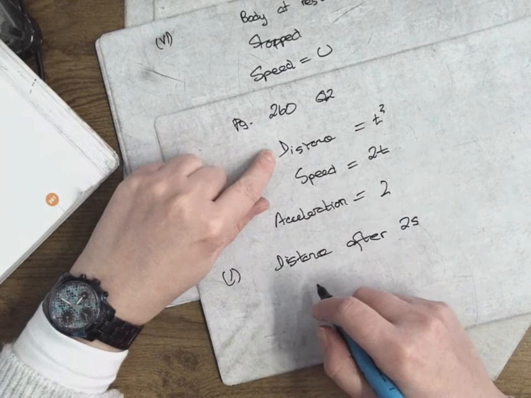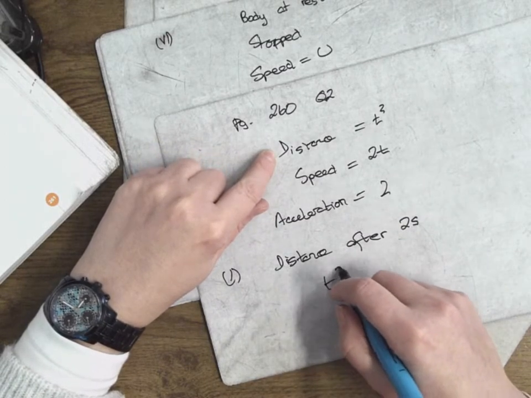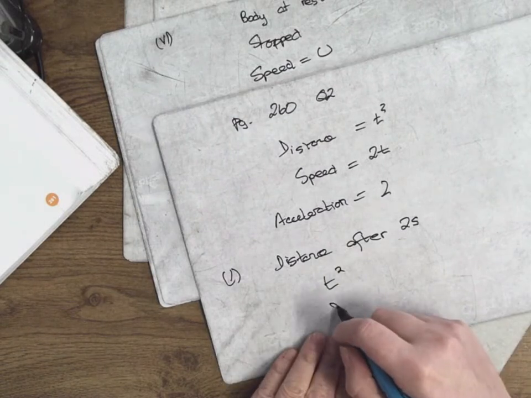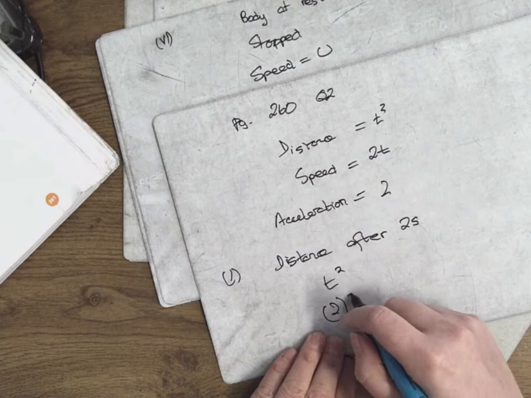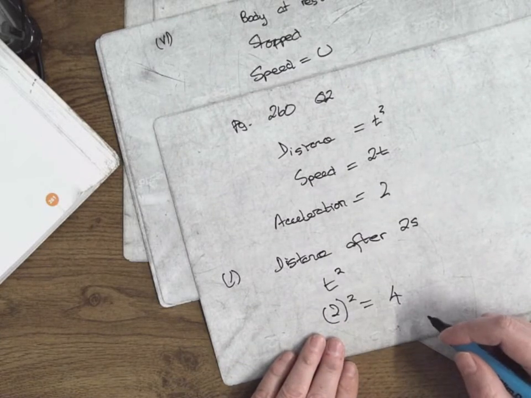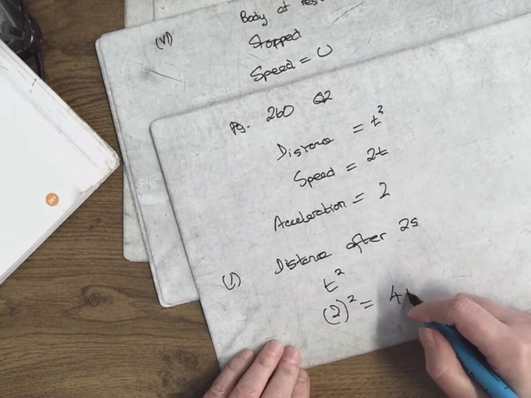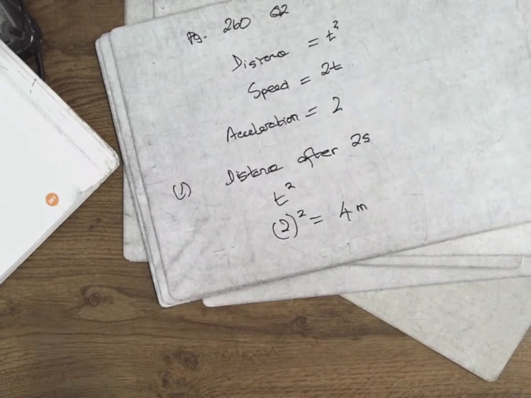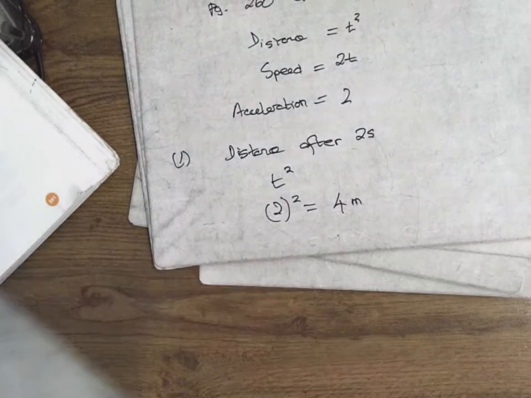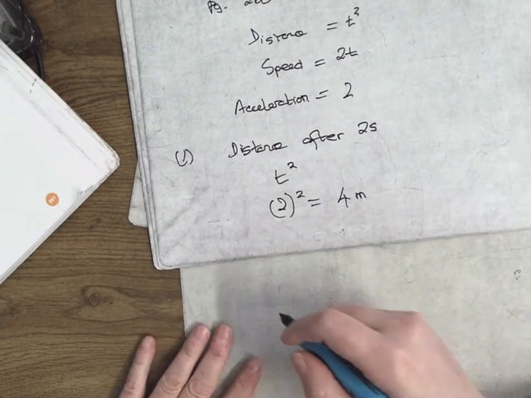So distance equals t squared. What will I do? After 2 seconds. Everywhere I see a t, what will I do? Put in a 2. So that's 2 squared. And 2 squared is 4. So that's the distance after 2 seconds. Is that right? It's actually 4 meters. But as I say, you don't need units. So that's why I'm not putting them in, because they're not important. Okay? Part 2.